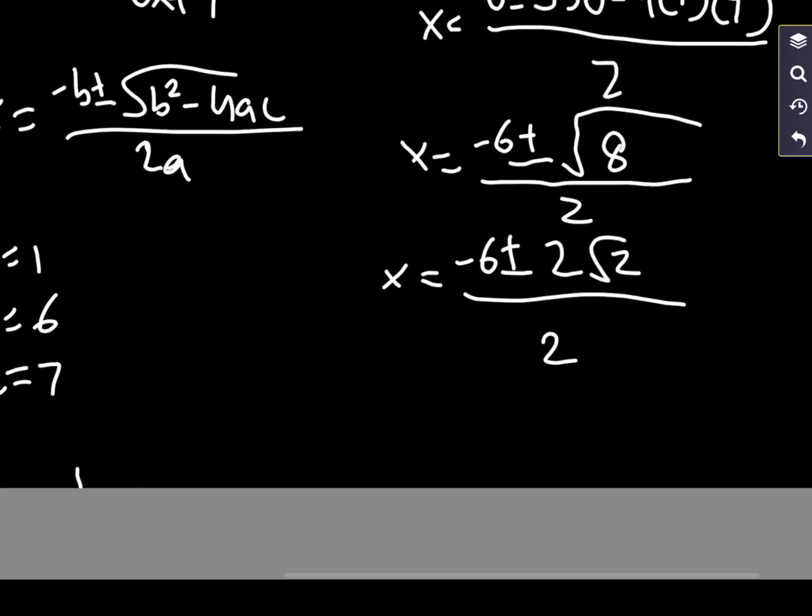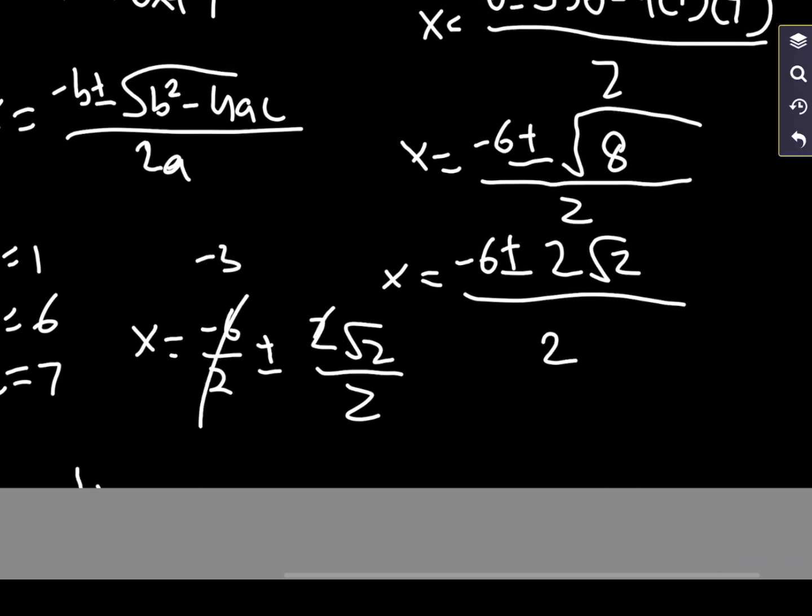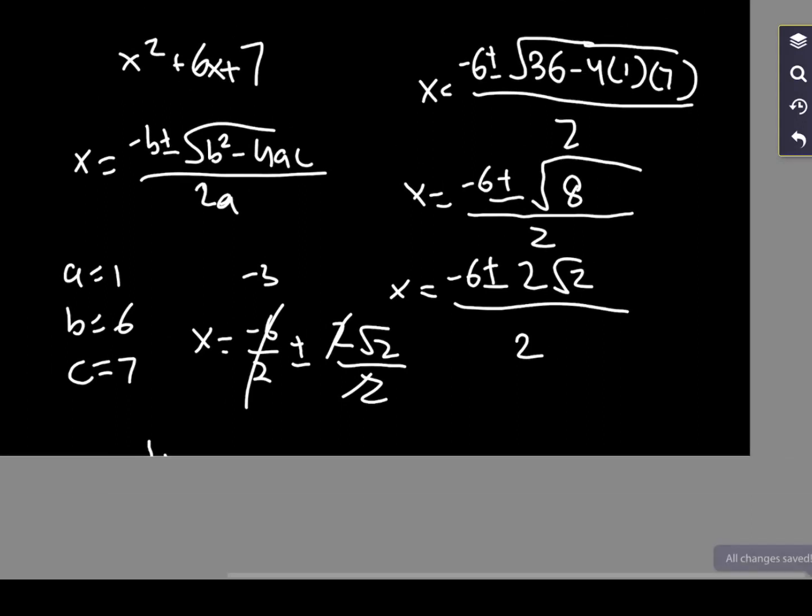What I'm going to do now is separate this into two fractions. So x is going to be equal to negative 6 over 2 plus or minus 2 radical 2 over 2. So this simplifies to negative 3, and this cancels out, so x is just going to equal negative 3 plus or minus radical 2, and that is going to be our answer.